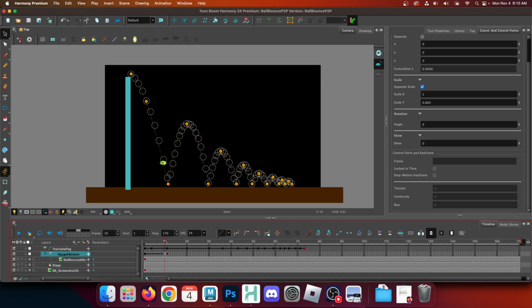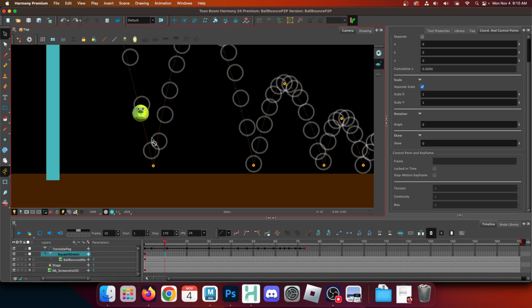As it is accelerating towards the ground, the ball should be stretching because it is in an acceleration, not a compression, right?